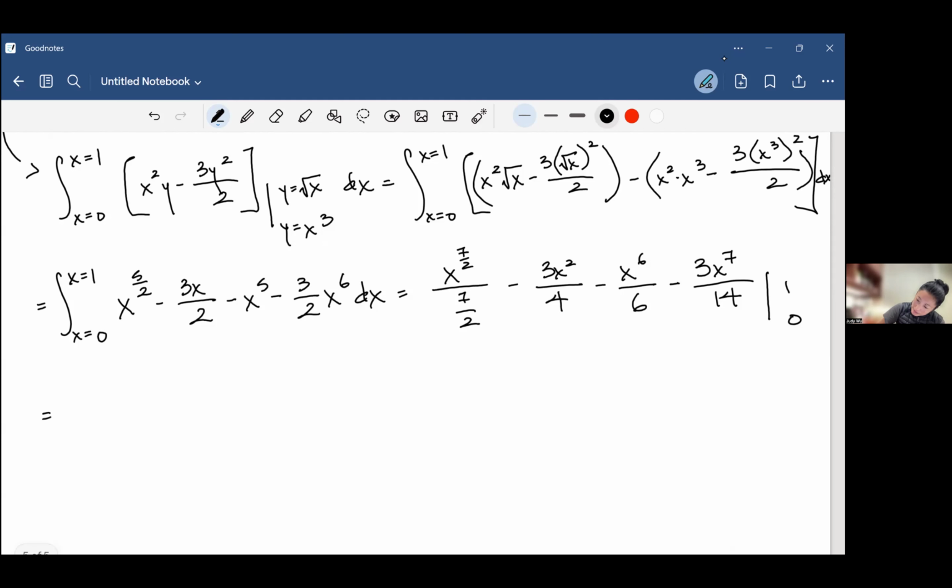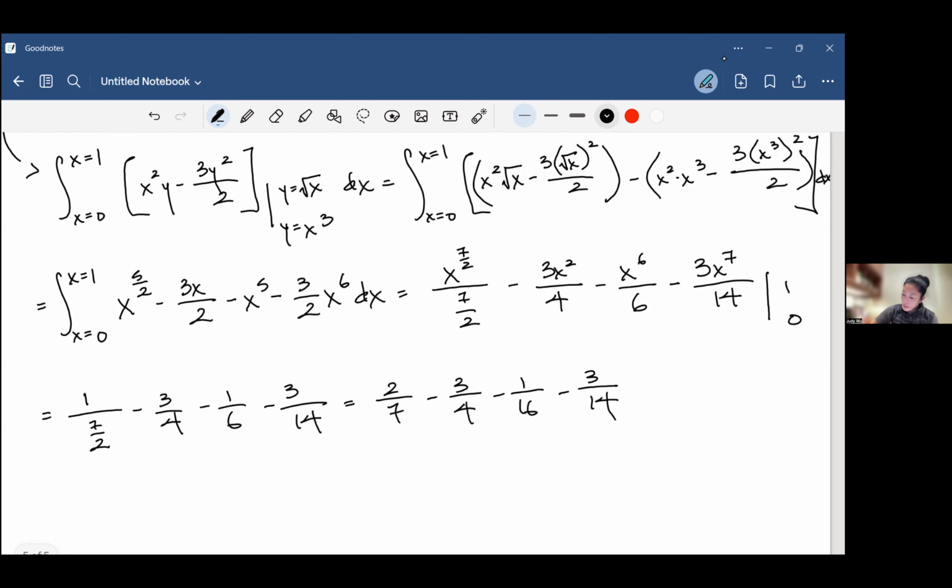Okay, so we're going to get 1 over 7/2 minus 3/4 minus 1/6 minus 3/14, which is really 2 over 7 minus 3 over 4 minus 1 over 6 minus 3 over 14. Whoops, that's a 6, not a 16.